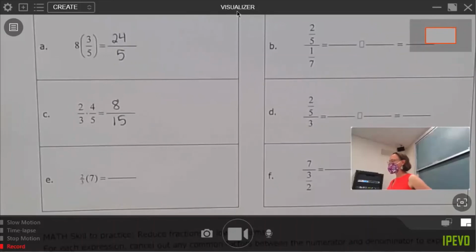Two-thirds times 7, this is basically exactly the thing that we were just talking about. This is 2/3 of a whole number. Well, that whole number has a denominator of 1 or a fraction size of 1.